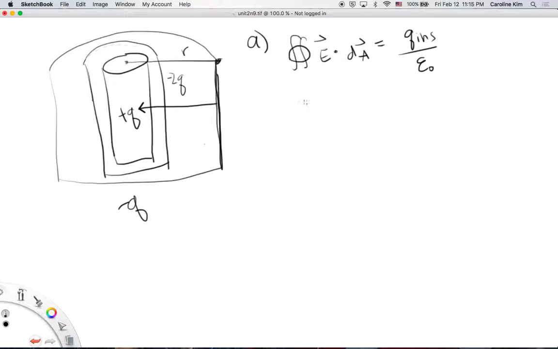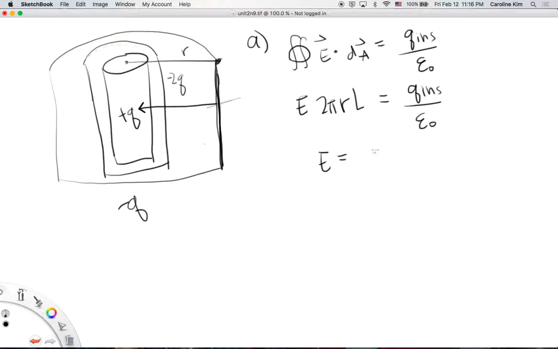So this integral simplifies to E times the lateral surface area, because that's where the field lines go through. So that will be 2 pi RL, and that's going to equal the total charge inside divided by epsilon.